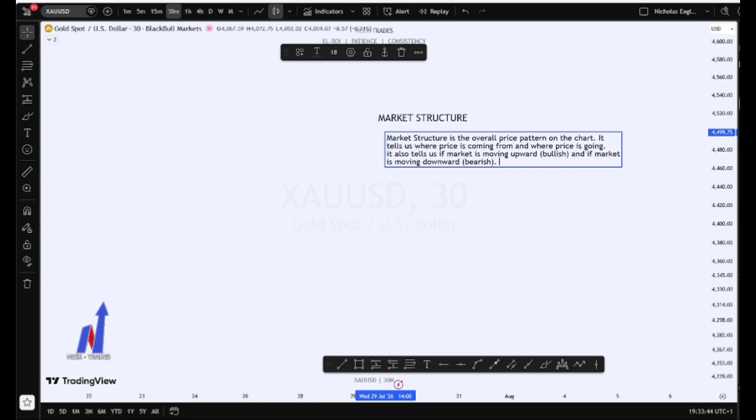There's another movement of the market which is called the range movement. The market moves sideways without clear direction.